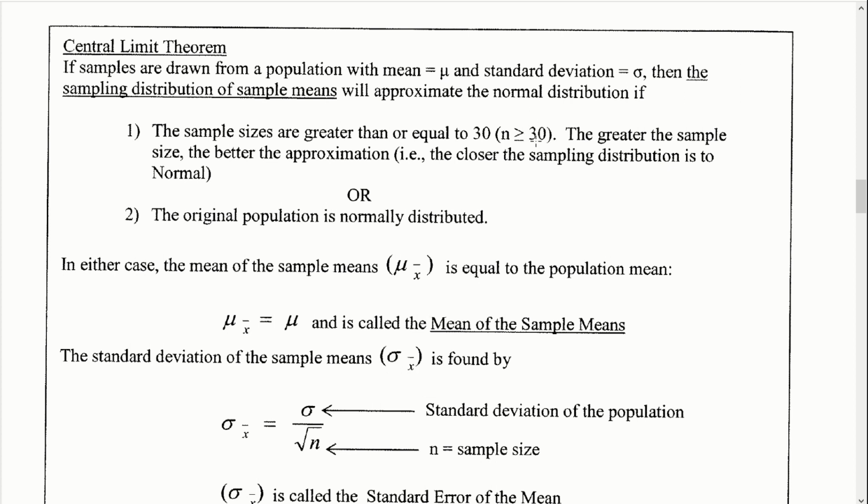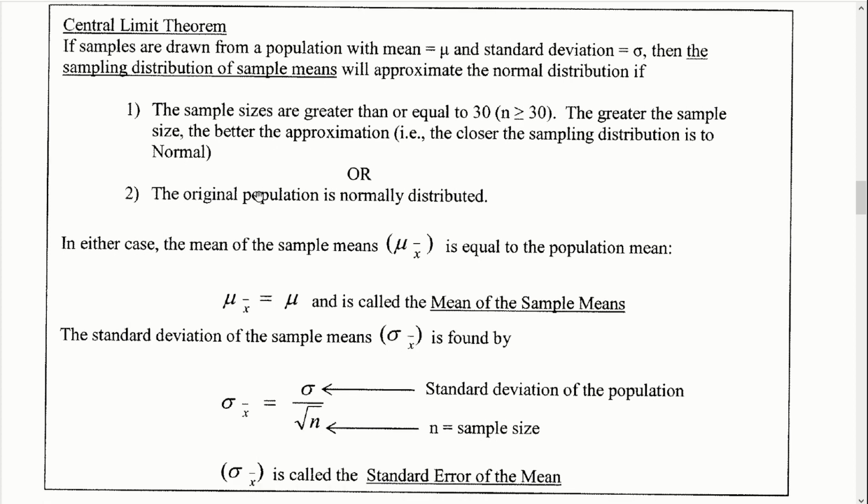So if n is greater than or equal to 30, then the sampling distribution will be normally distributed. Alternatively, if we know that the original population is normally distributed, then the sampling distribution will be normally distributed for any sample size.